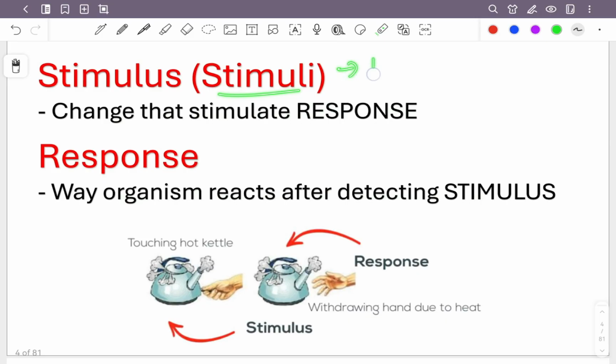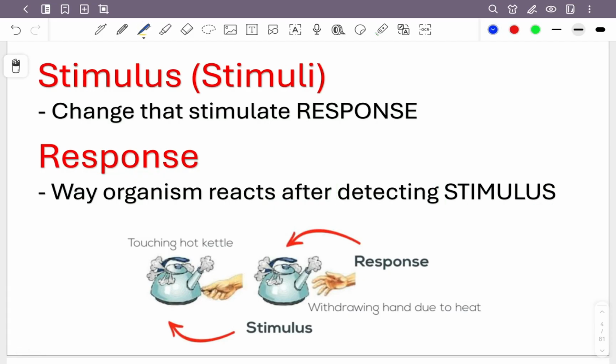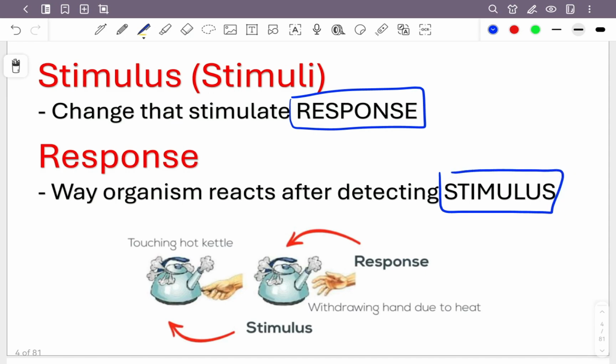Okay, stimuli is plural. So the definition is very easy: the change that stimulates response. So what is response then? The response is the way an organism reacts after detecting stimuli. Did you realize that in the definition of stimulus or stimuli there is response, and in the definition of response, you can see the word stimulus? So they are actually paired.